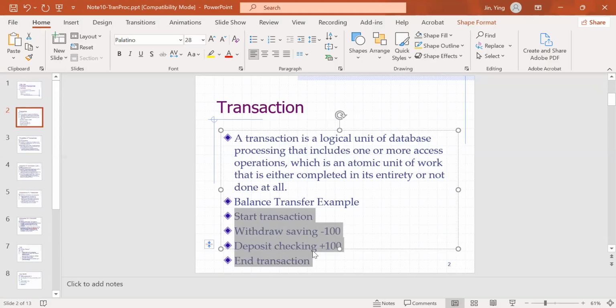If you go to a bank, most likely they will tell you that this transaction was done successfully. That's good. But what can happen is that we finish the withdrawal operation, so $100 is taken away from your account, but before we are able to do the deposit operation, we have a system failure, say a power loss.